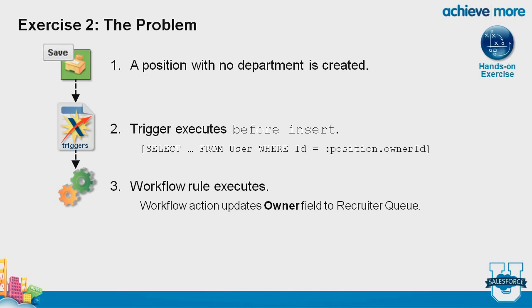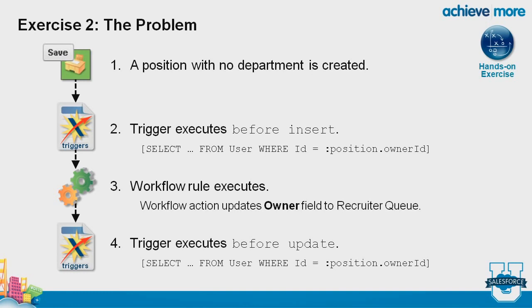And then we have a workflow rule that says that if the department is null, make the record be owned by the queue. So now when we do that same query, there's a problem, because it's not a user, it's a queue. So we don't touch the code, we just add a workflow, and that will break our code. We're going to see that in a minute.